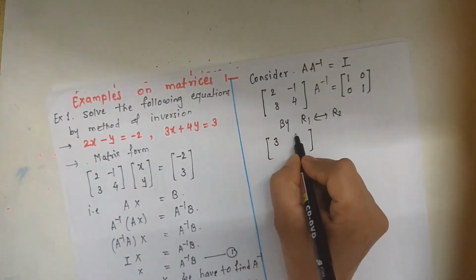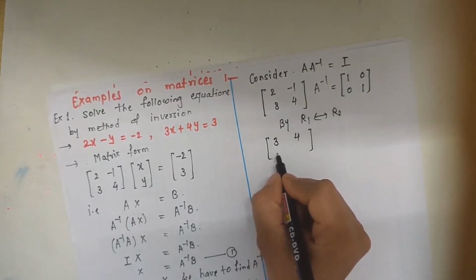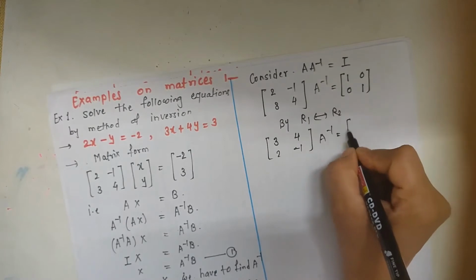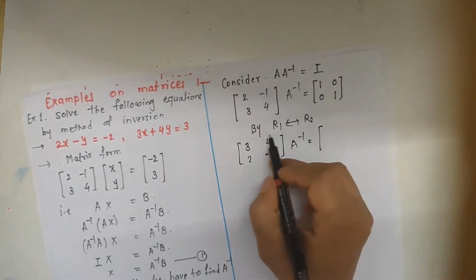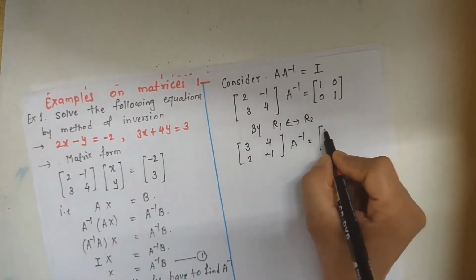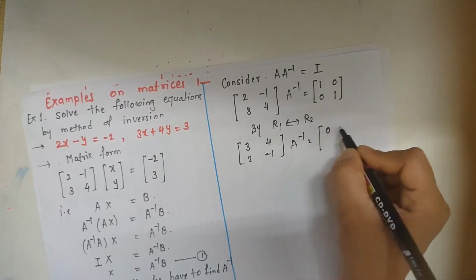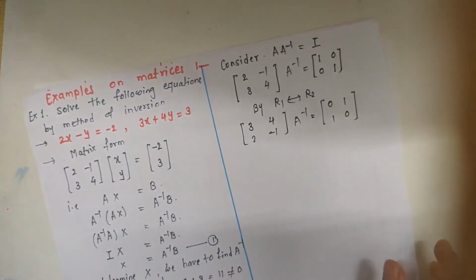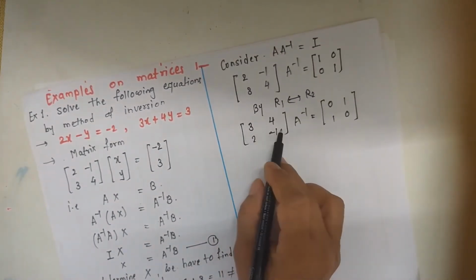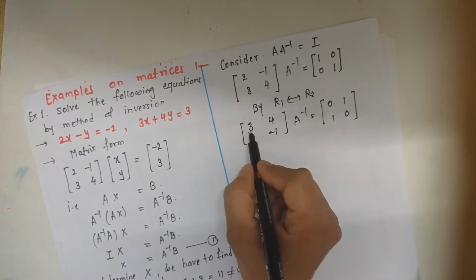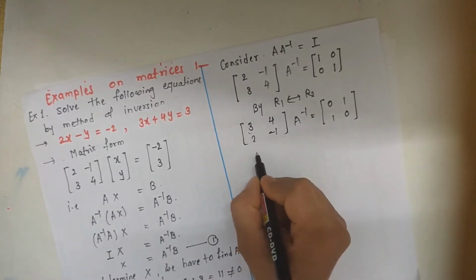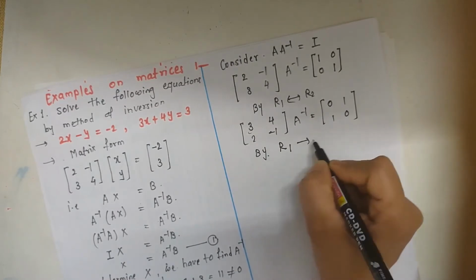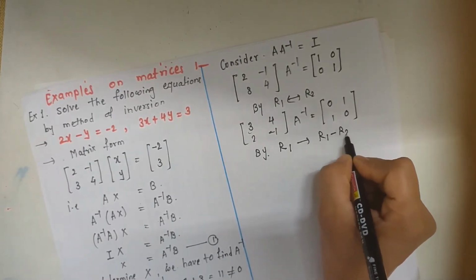By interchanging the first row and second row, we get 3, 4 and 2, minus 1 into A inverse is equal to, taking the interchange on this side, 0, 1, 1, 0. Now the next transformation for reducing this 3 to 1: we apply the transformation R1 minus R2.